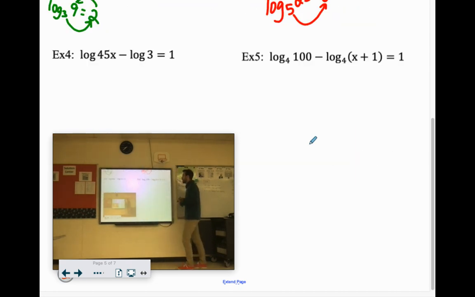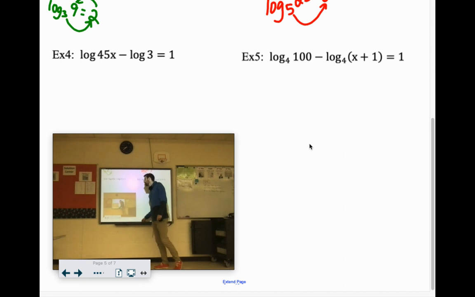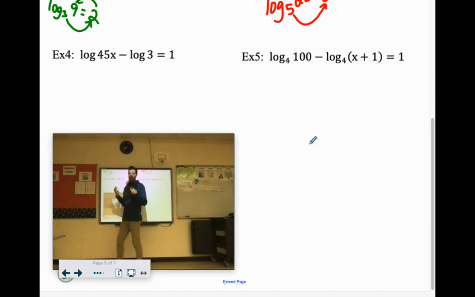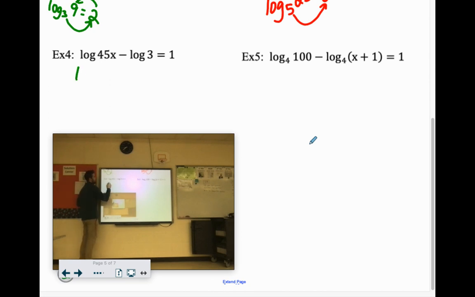Now some old properties. Log 45x minus log 3 equals 1. Remember when we're condensing, when you have subtraction, that condenses as division. These have the same base, so we can bring them together as 45x over 3 equals 1.